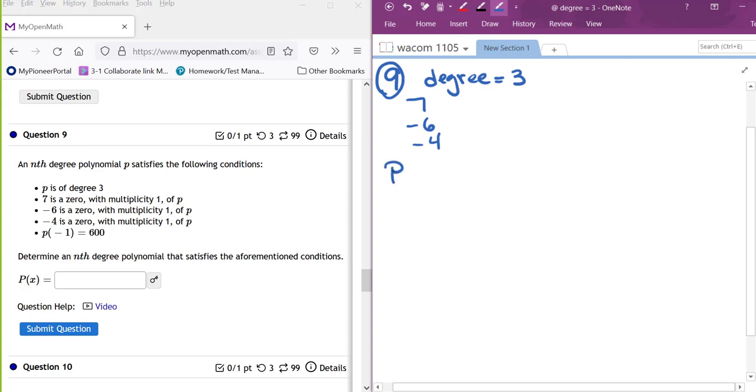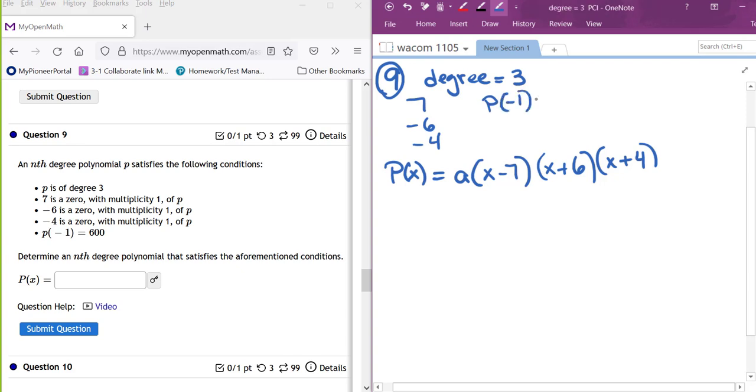So our function, and we'll still have to worry about finding the a, it'll be x minus 7, x plus 6, x plus 4, and then we have to use the last condition, p of -1 equals 600. So when we plug in -1 all the way through, we're going to get 600, and that will help us solve for a. So -1 minus 7, -1 plus 6, and -1 plus 4.